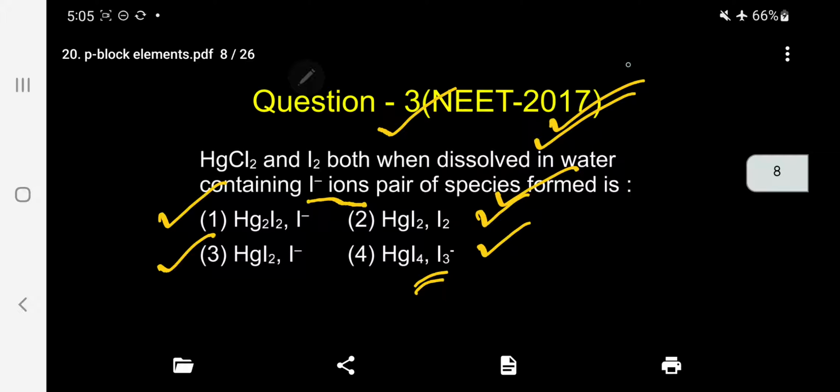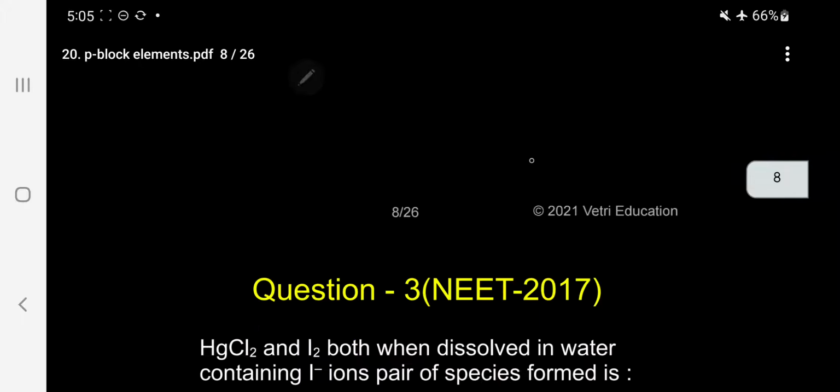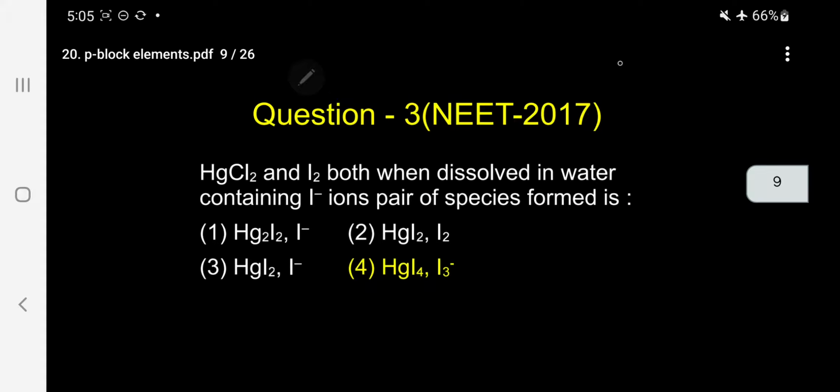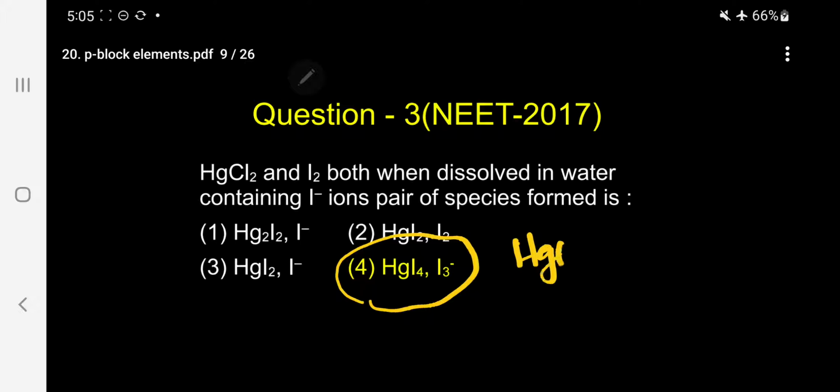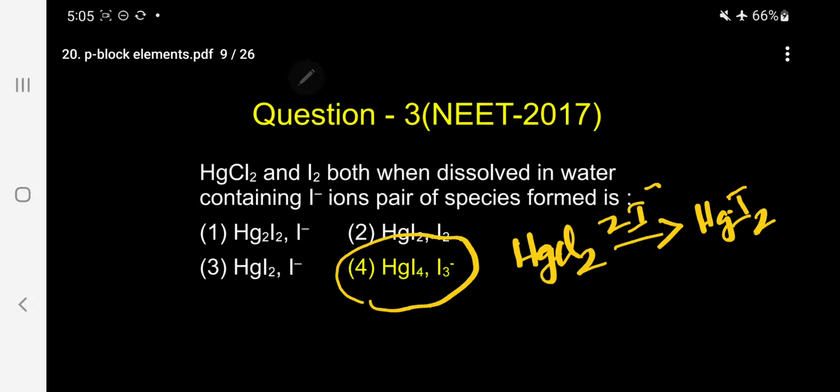So what is the correct answer? Correct answer is 4. Let me explain, kindly follow. What way can you write now? The first one, mercurous chloride, when you treat it with 2I minus, what is happening? It is forming mercurous iodide.